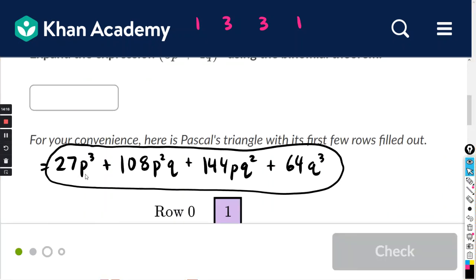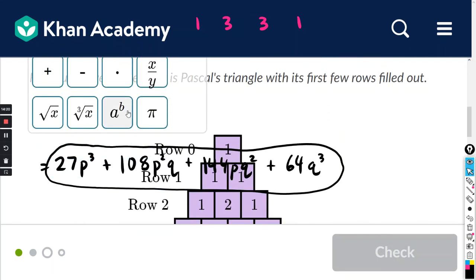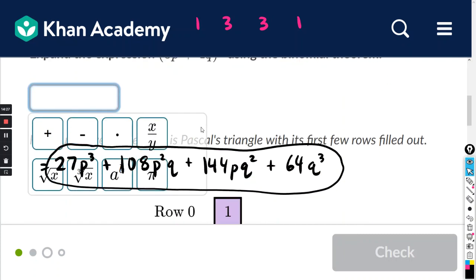Okay, so we're going to enter this whole thing in the box. Remember, you can use this symbol right here for the exponent, or you can use the caret symbol on your keyboard. So we have 27p to the third.